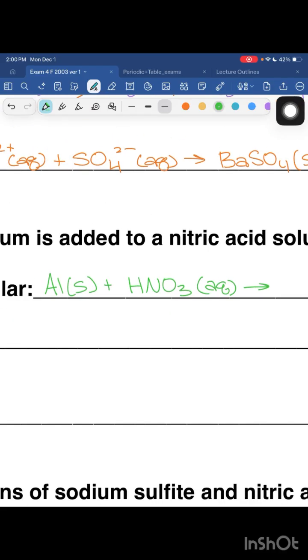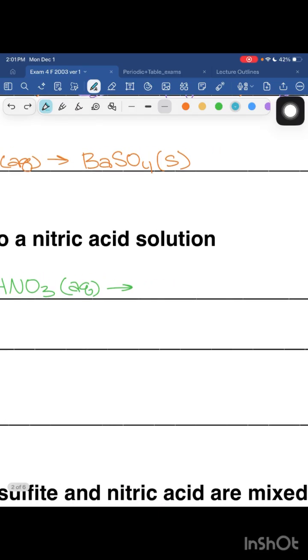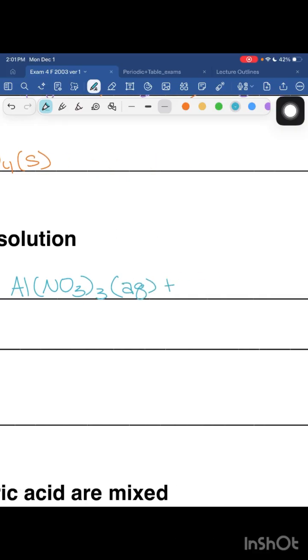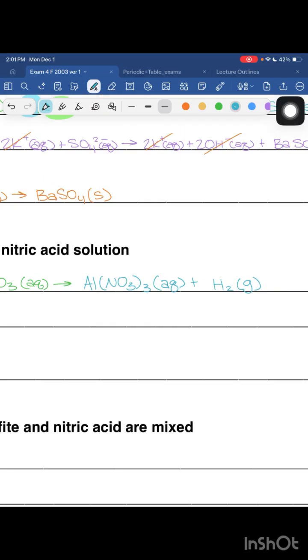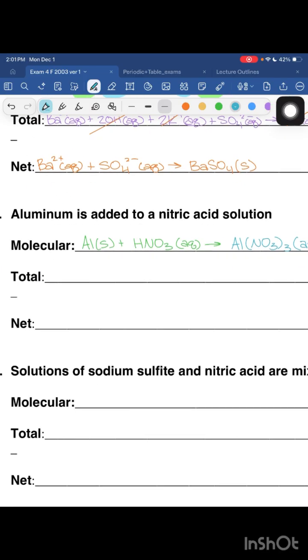So this aluminum is going to pair with the nitrate. So we have aluminum nitrate, and it's aqueous, and it's going to free the hydrogen gas. This would bubble, basically.